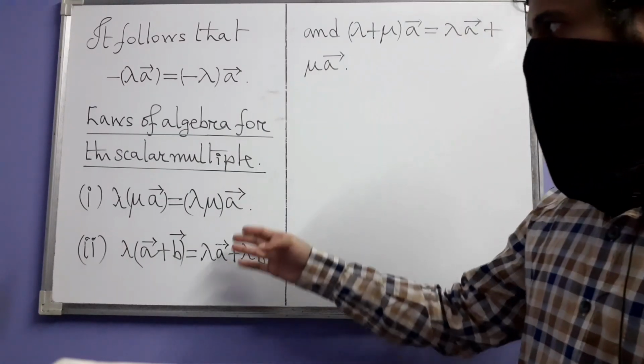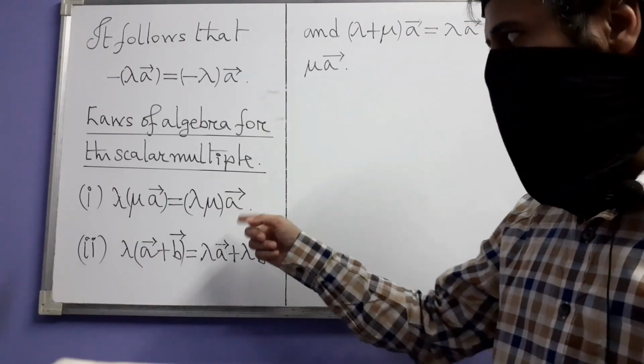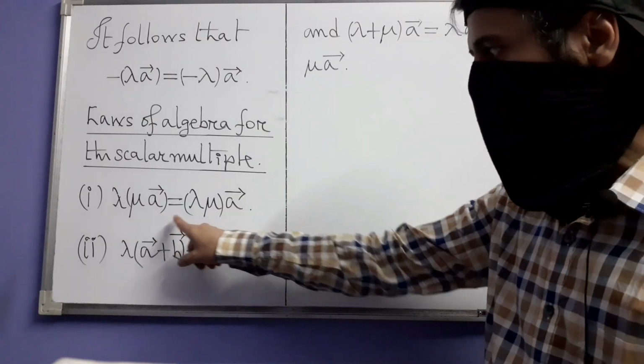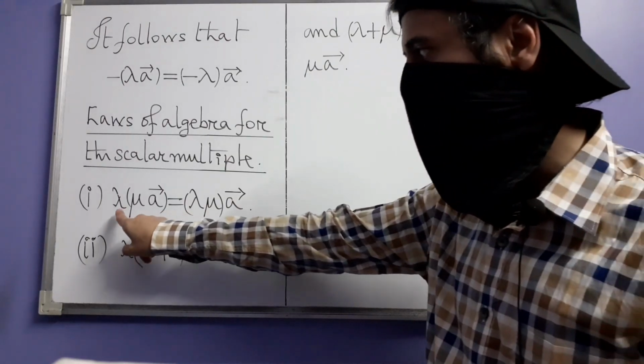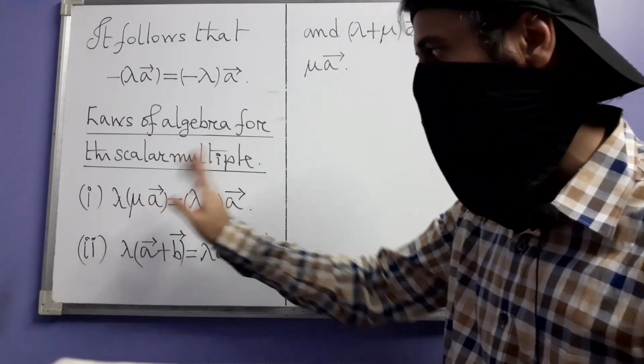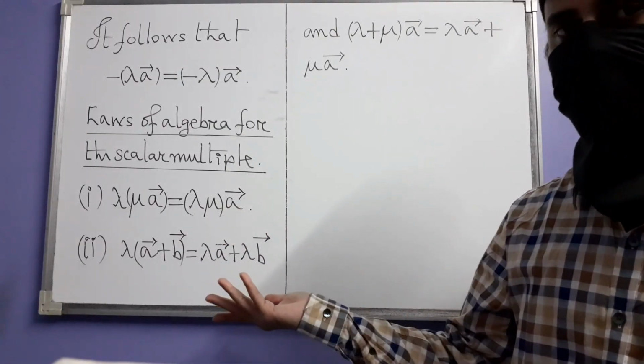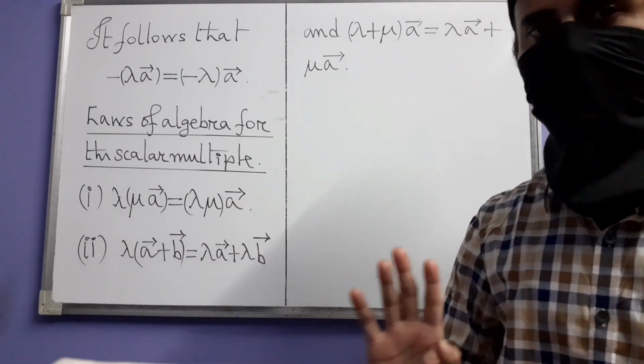Next, we also have these laws of algebra involving scalar multiplication. You have this one law which tells you that lambda times mu A equals lambda mu times A, and you of course understand that here lambda and mu are real numbers.